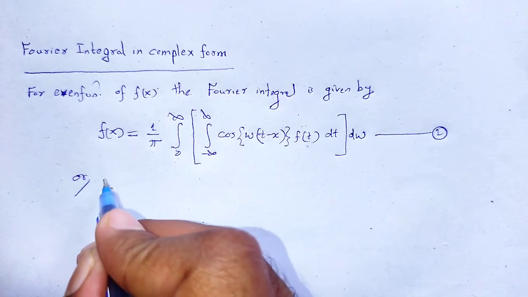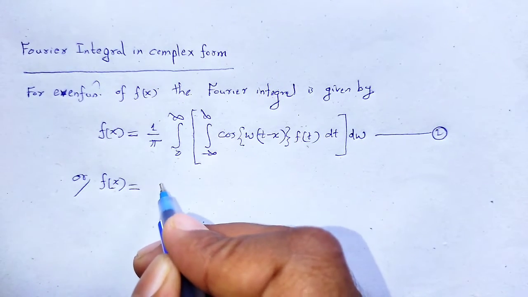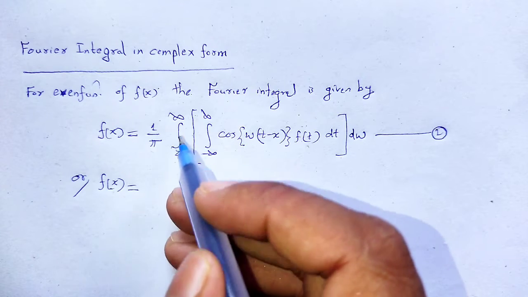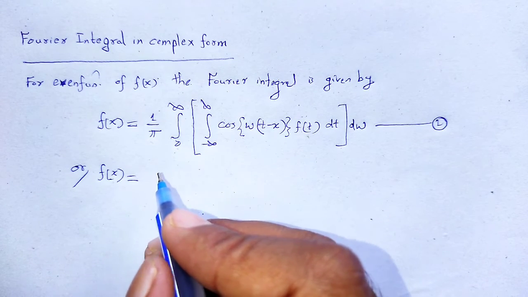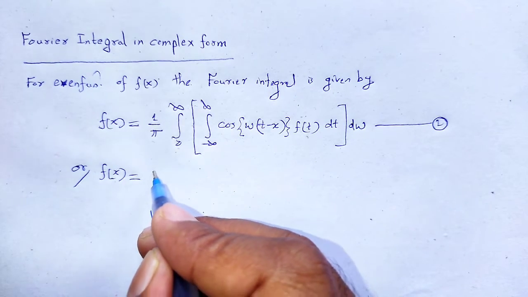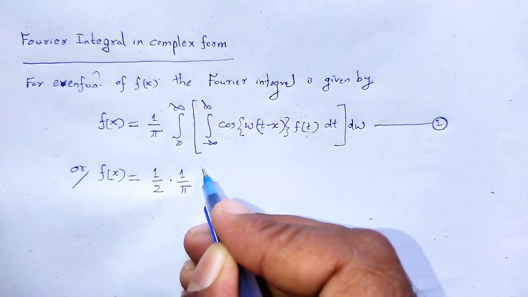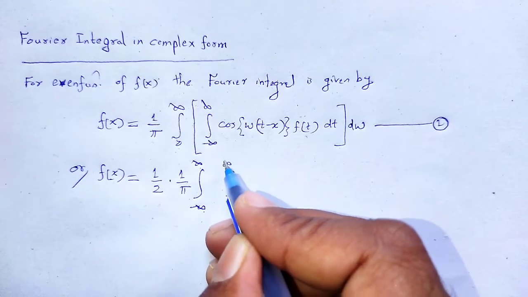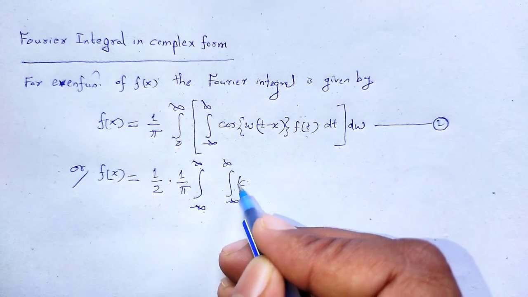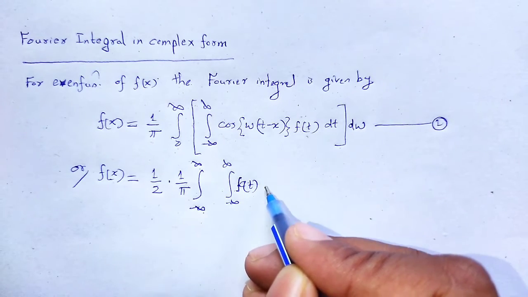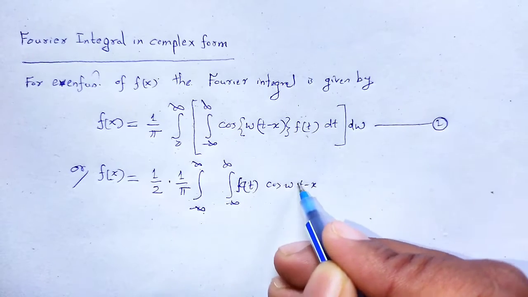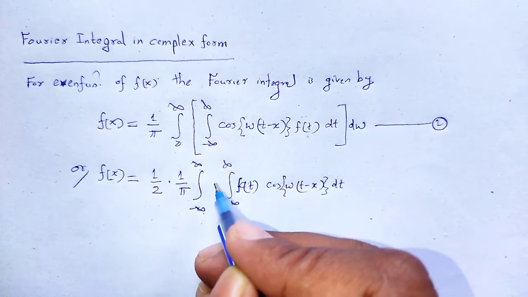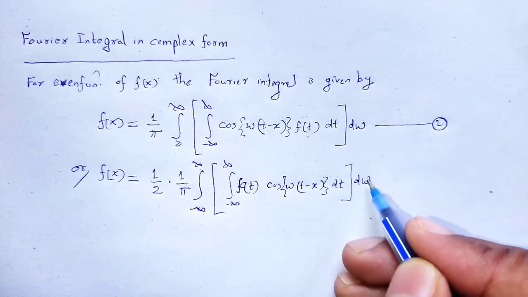So, it will be further written as f of x is equal to half, 1 by pi, since the limit from minus infinity to plus infinity, one 2 is divided here, as the limit is 0 to infinity. Integral from minus infinity to plus infinity of f of t cos omega of t minus x dt d omega.